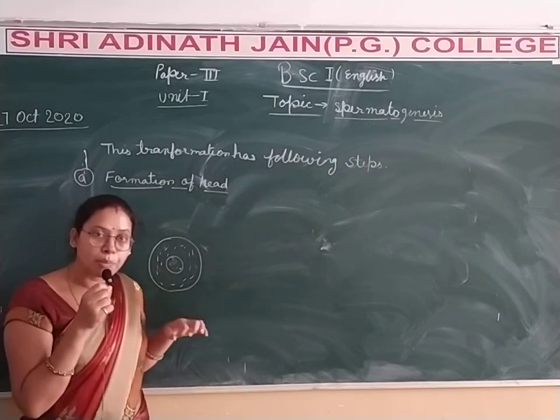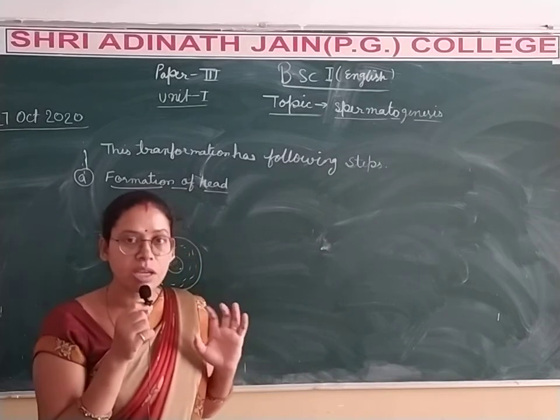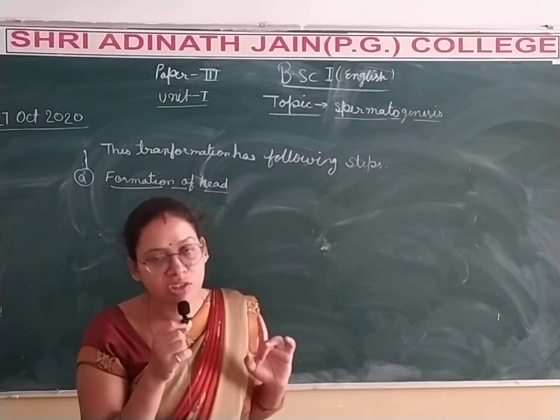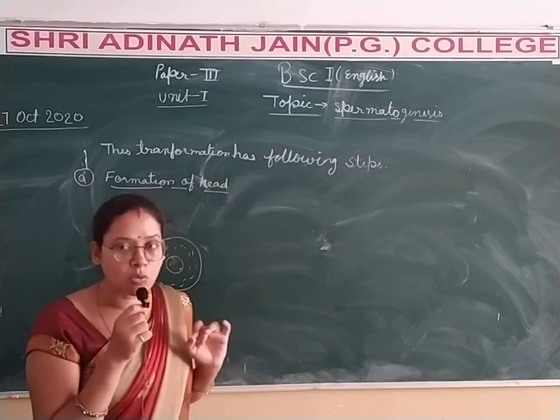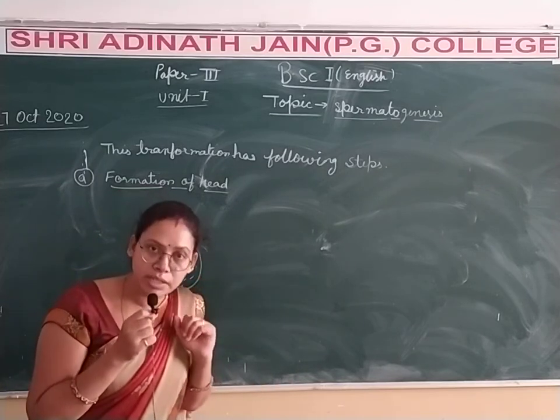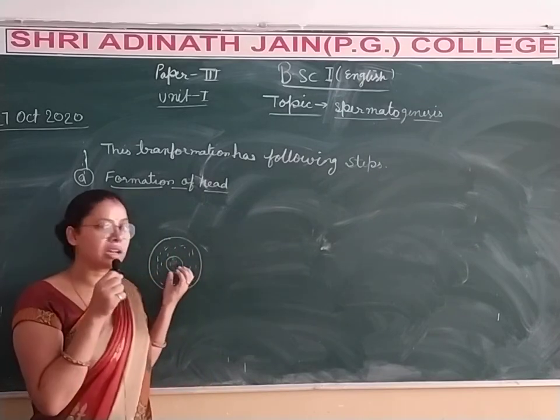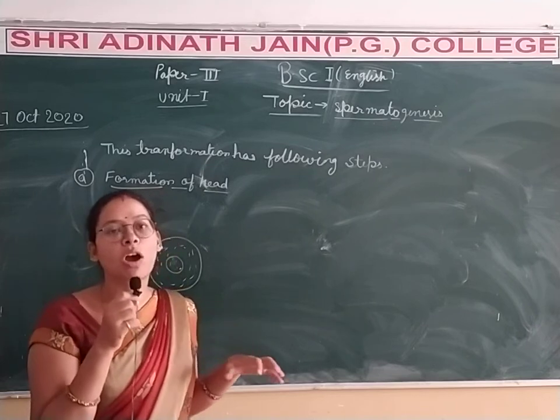The spermatid is a round shaped structure, and this round shaped structure has to convert into an elongated structure. How? This cell loses its water or excess amount of material.